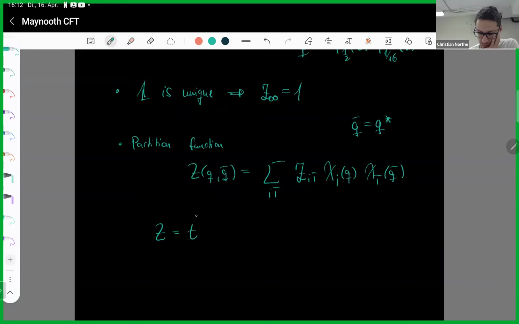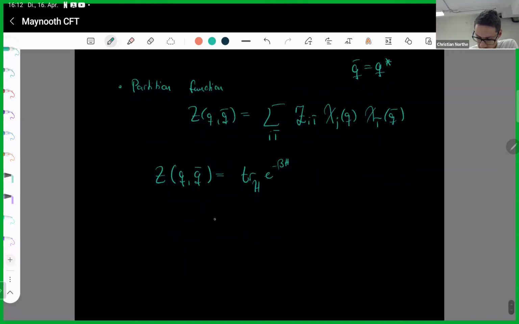So usually we write, let's put a Q and Q bar here, this is for later, the trace of e to the minus beta H. And in CFT, this basically becomes, so you have to do some adjustments, which I don't have time to discuss now, but in CFT, this basically becomes L0 minus c/24.